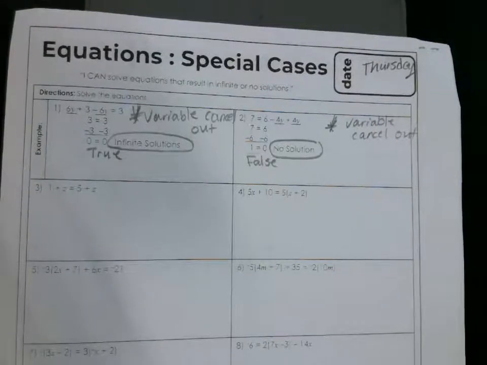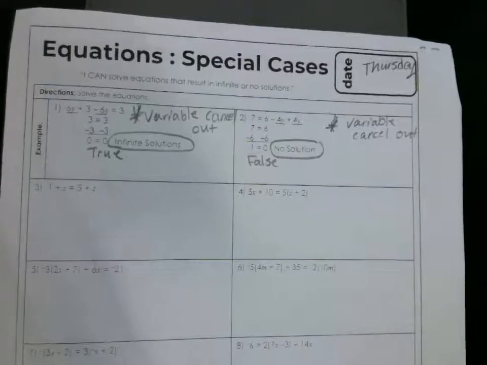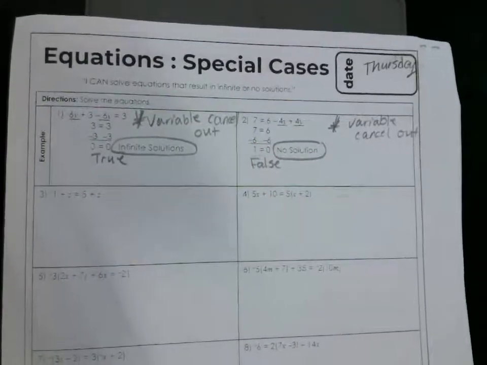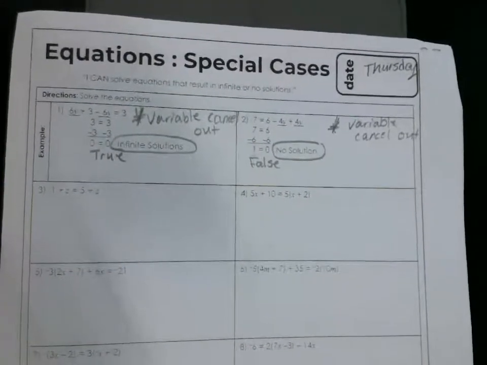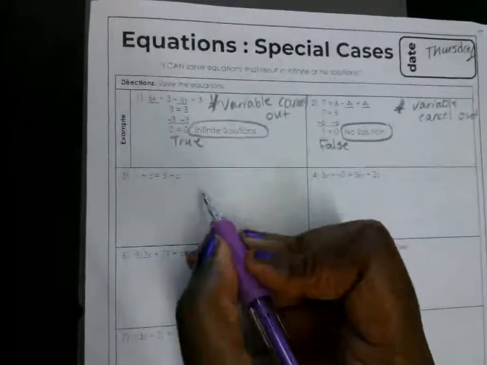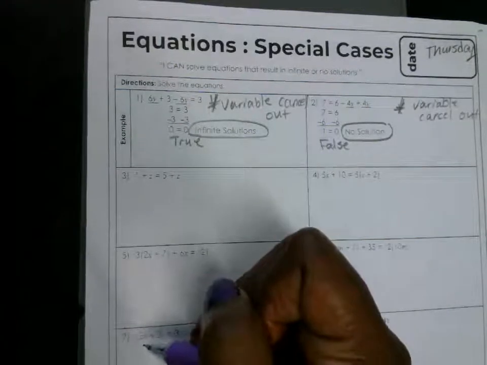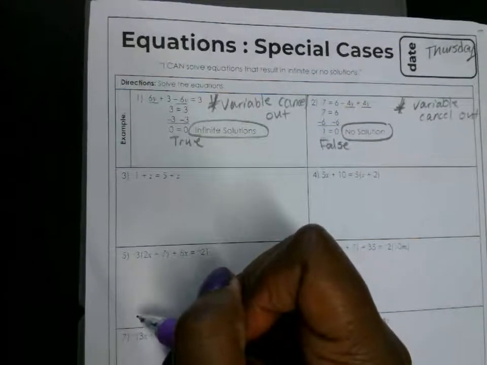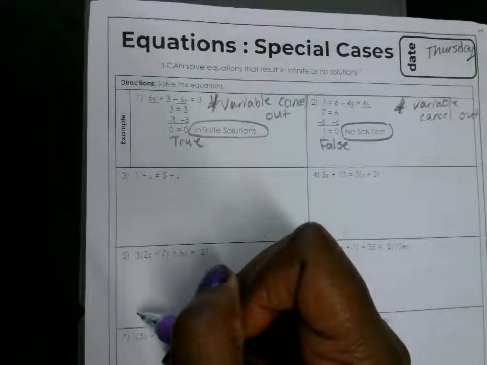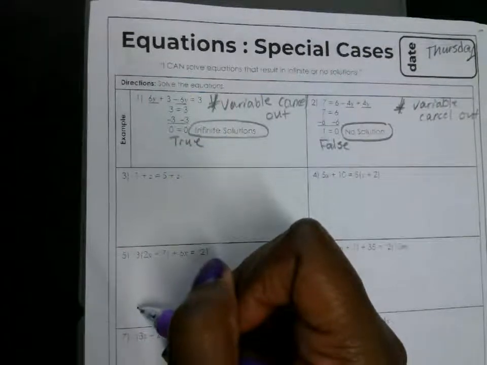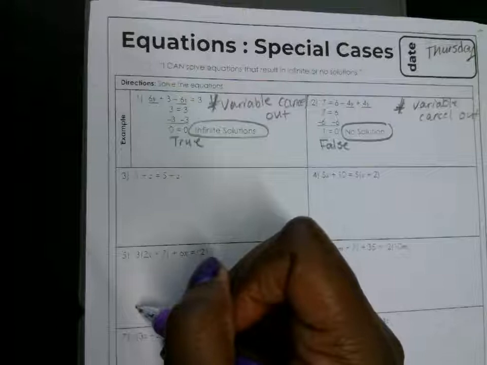Okay, so let's do number 3. Let's solve it. Anybody still writing? Anybody need me to pause before I start? Louie, what am I going to do first to solve this equation? Move one of the variables.